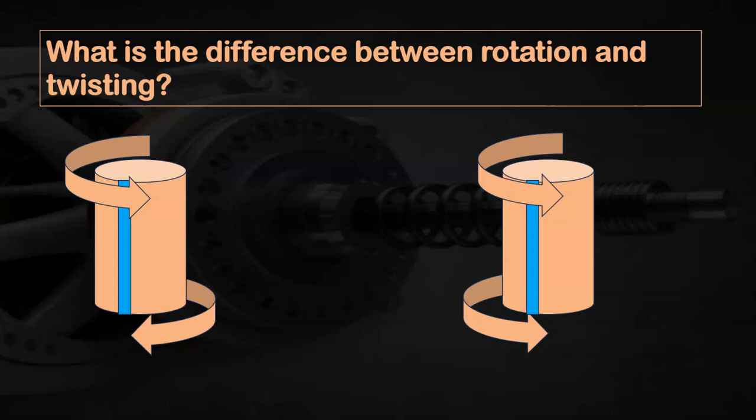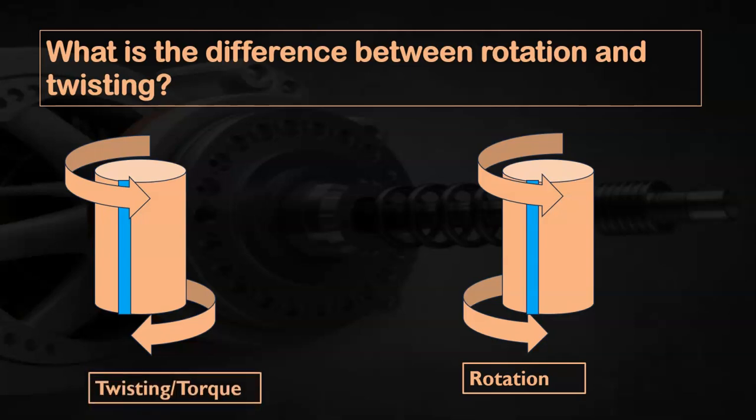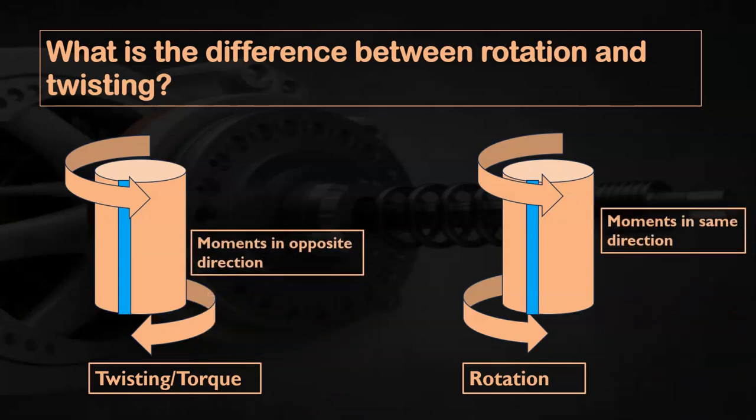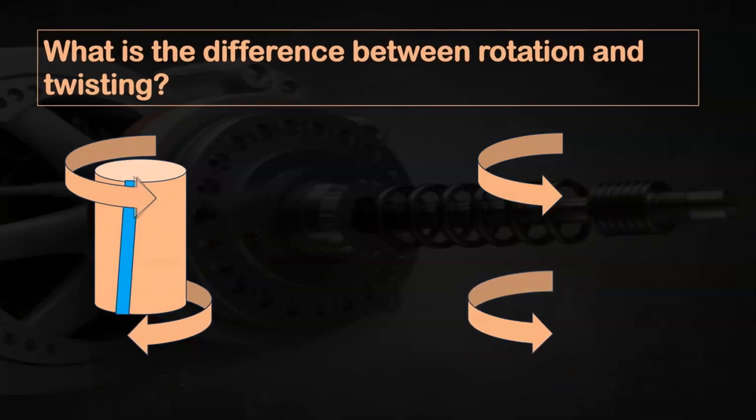Now what's the difference between rotation and twisting? Two cylinders are shown. Both cylinders have a rectangular blue colored strip. In the rightmost cylinder, rotation occurs, and in the leftmost cylinder, twisting or torque occurs. Moments are applied in opposite directions in the case of twisting or torque, and in the same direction in the case of rotation.